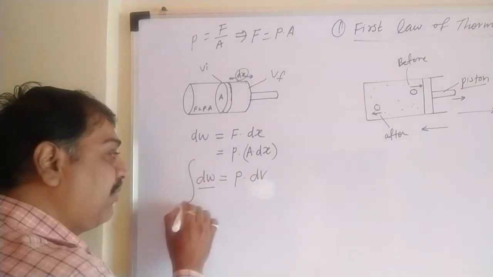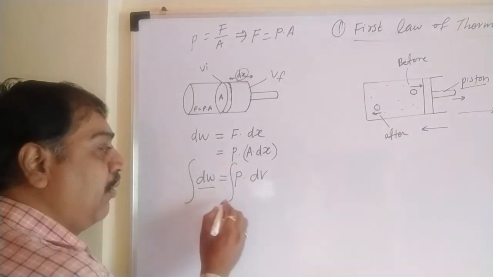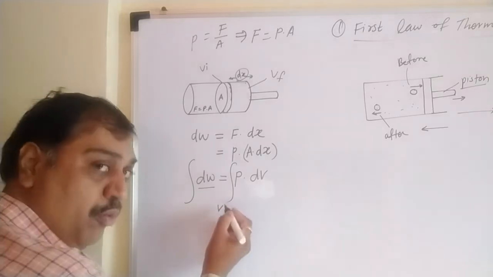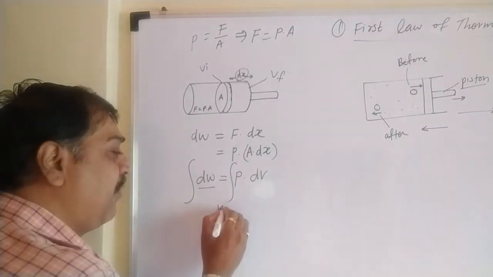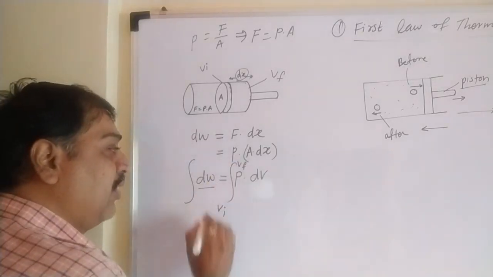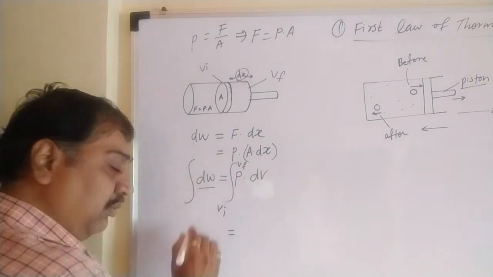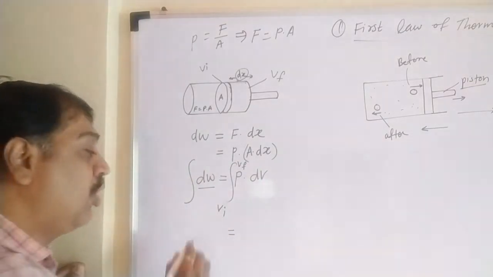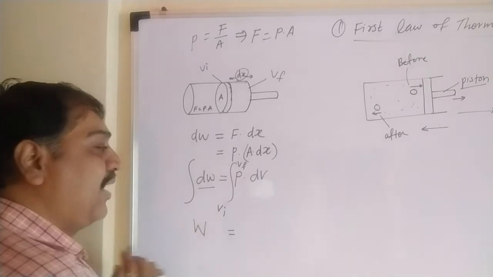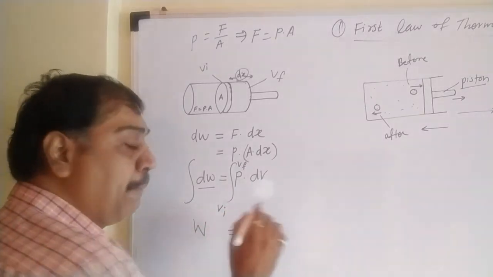Integration of dW, where the volume of the system varies from Vi to Vf, gives the total work done, represented by W, equal to the integral of P dV.